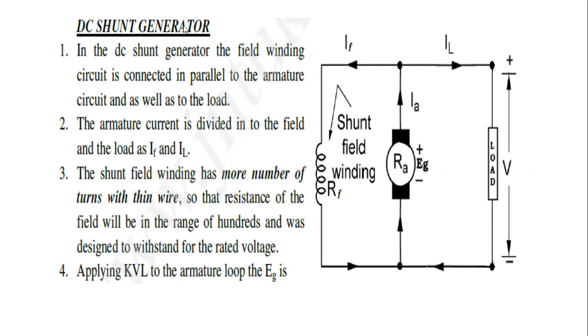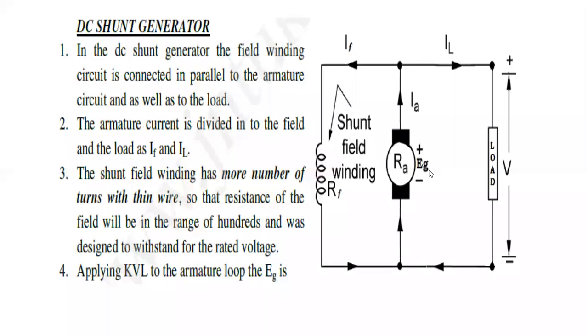This is the DC shunt generator. Shunt means parallel. Which windings are connected in parallel? The field winding and the armature are connected in parallel. Therefore the generator generates the EMF itself.